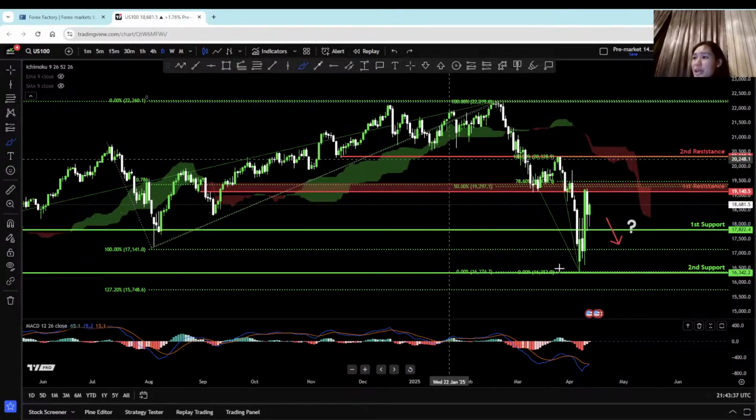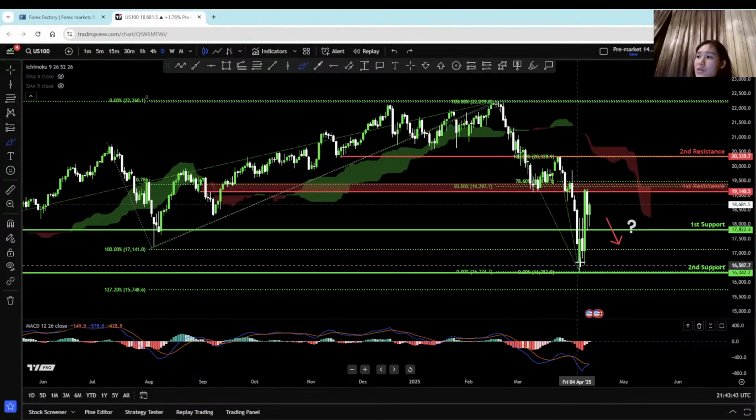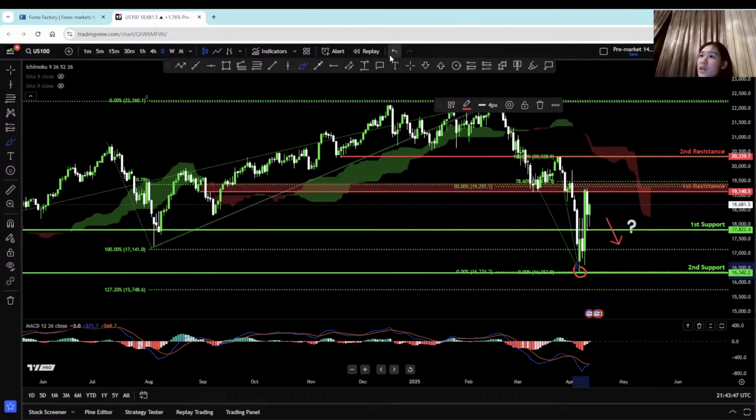But I'm expecting maybe a little bit of reaction off that first support before it continues to fall back to this position here. Of course, keep an eye out and stay updated with your fundamentals.